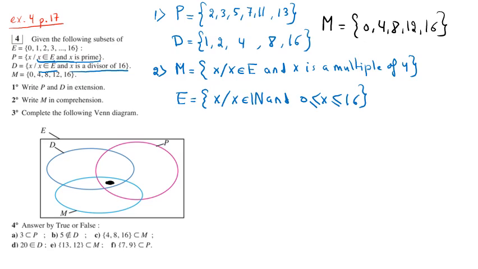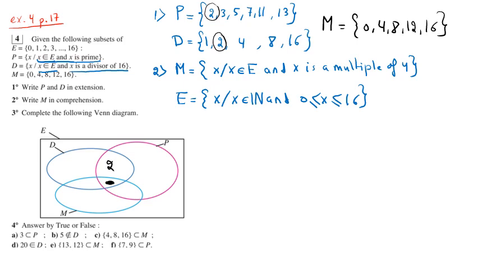Let's see which numbers are common between D and P. We have 2 is common. 3 is not common, 5 is not common, 7, 11, 13. So the common number between D and P is 2 only.